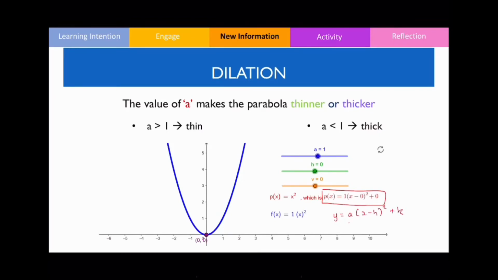If you adjust the value of a, I'm going to play the video right now. You can see that a big a value makes the graph thin, but when I start to decrease my a value, I produce a much wider parabola.